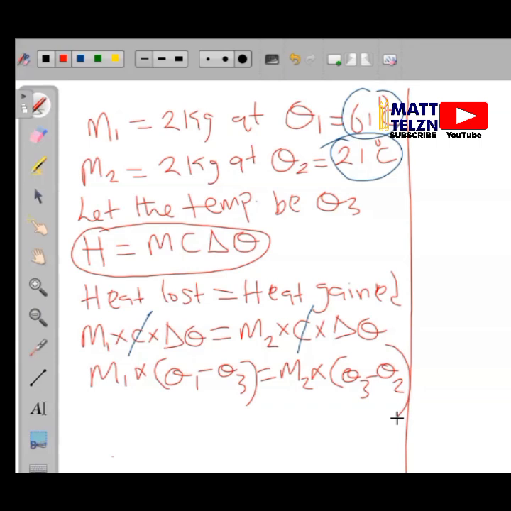So remember, it is theta 3 we are looking for, which is the final temperature of the mixture.